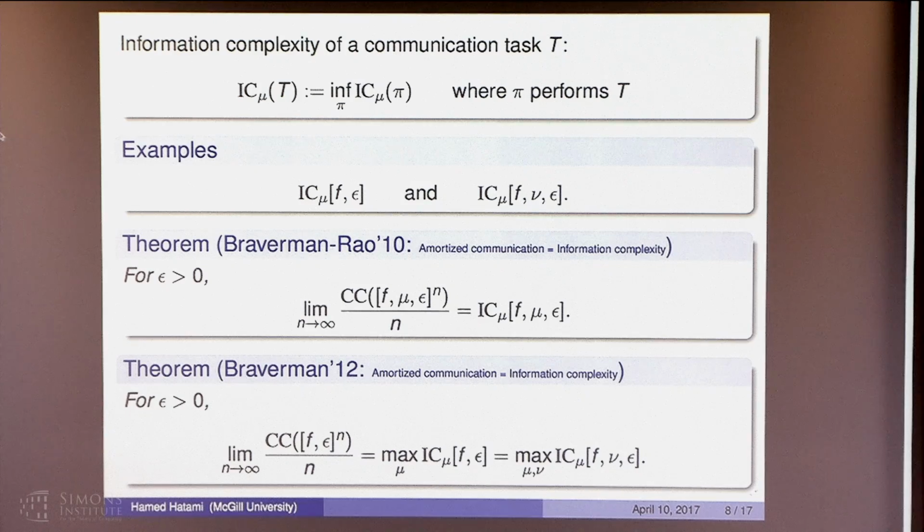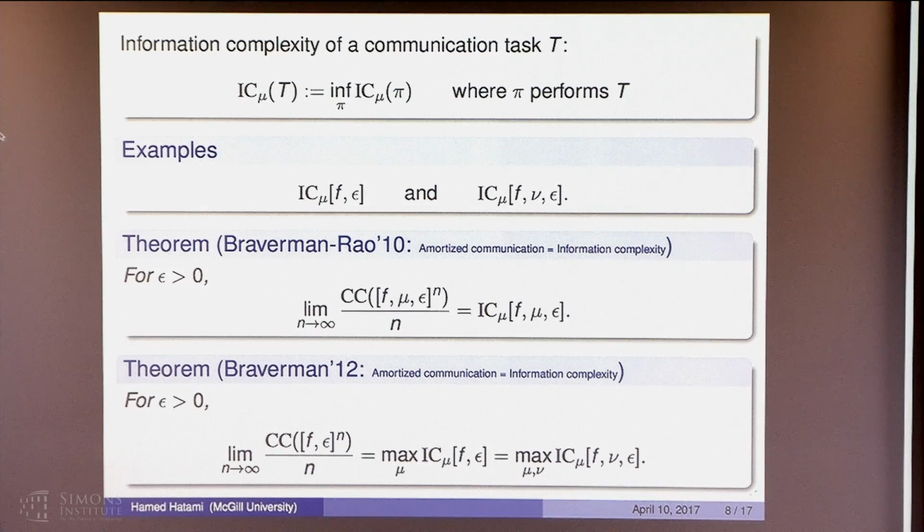And a simple min-max argument shows that I can write it in this form, that now I look at the hardest distribution mu in terms of information and hardest distribution nu for the error, and look at performing this task of computing f with distributional error nu at most epsilon. I haven't seen this written anywhere, but I'm pretty sure it's known to people. So it's a simple observation, basically. But from this, it's easy to see how these two things relate, really.